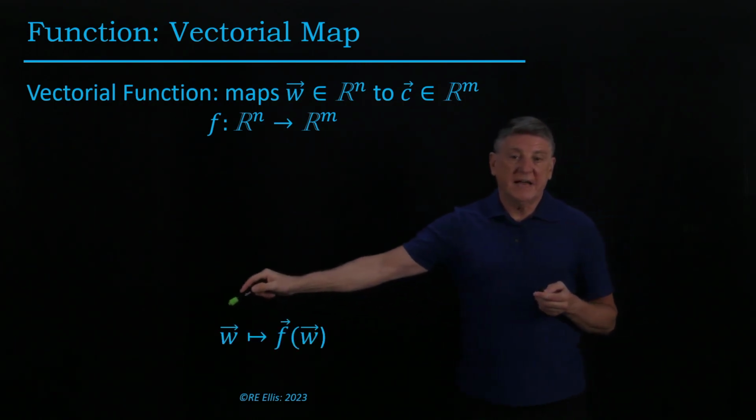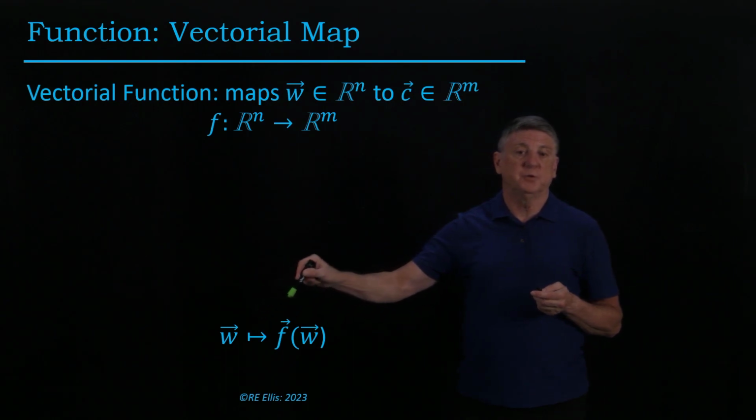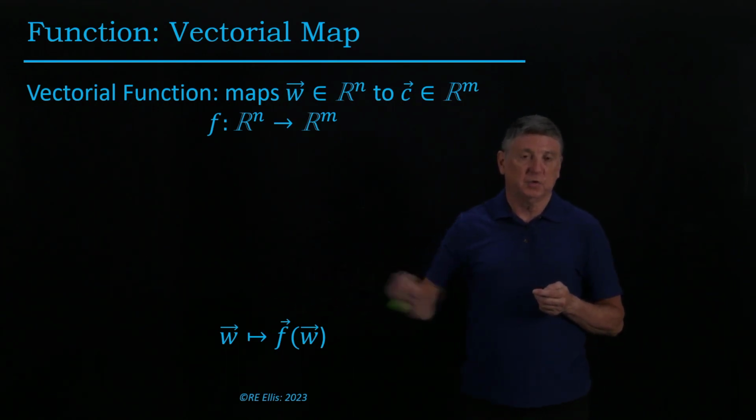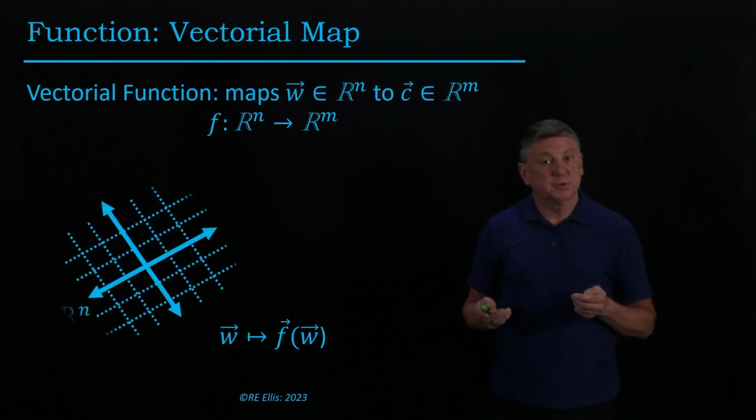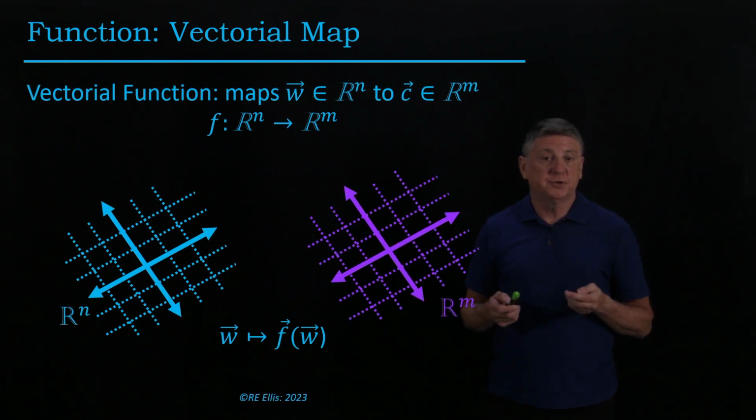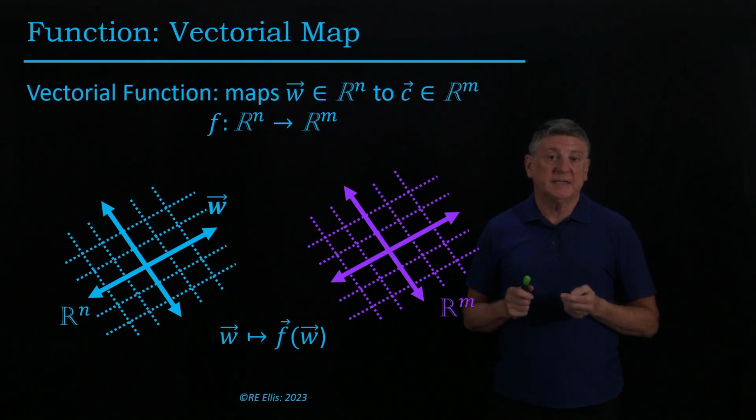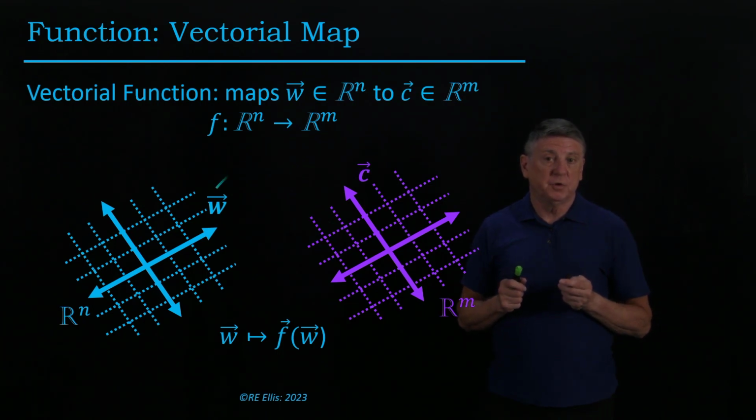And this can be written as a particular w is mapped to a particular vectorial result, and we can represent this graphically as we have two vector spaces, and what we're doing is we're selecting a vector w from the domain space, and then that is mapped to a vector c that is in the codomain.